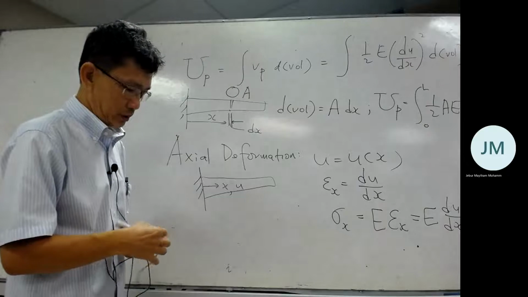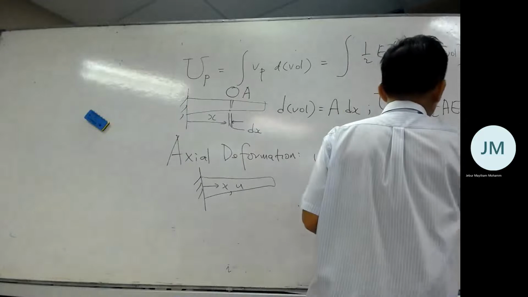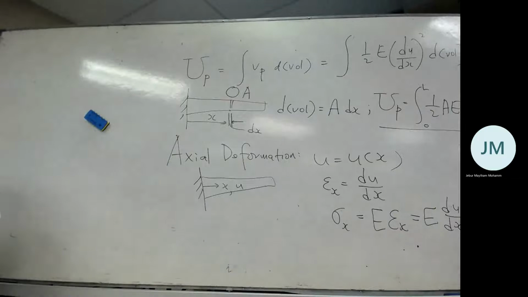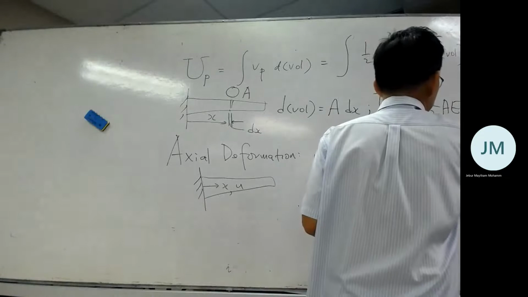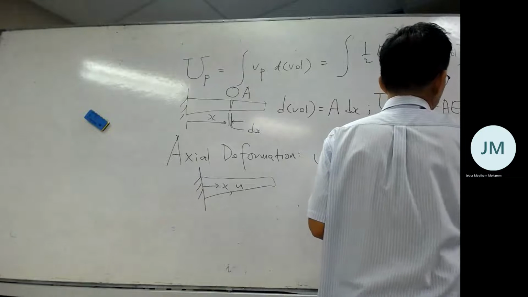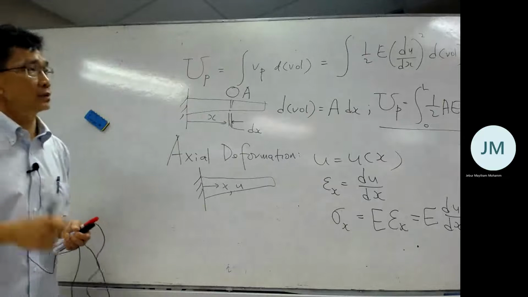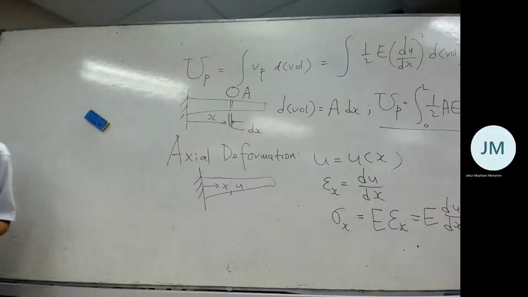So that gives the first equation. Now we want to go to the second equation, which is bending. The first equation is given in the notes as equation 5.11, in the notes that I have shared with you on the e-learn. Next, we go to the next set of equations, which is for bending.